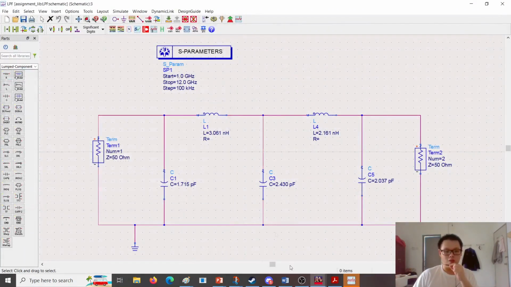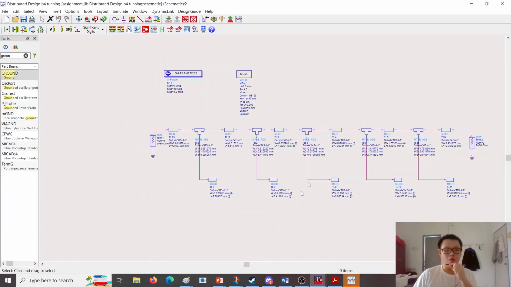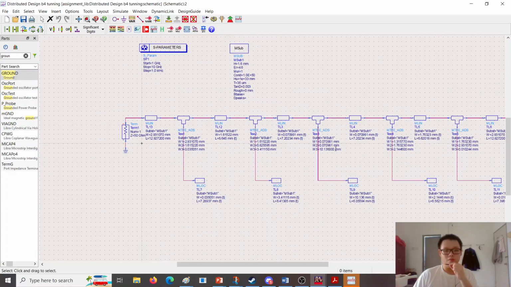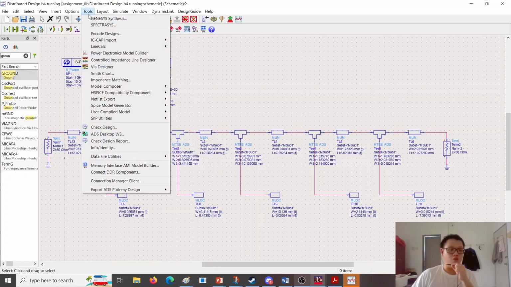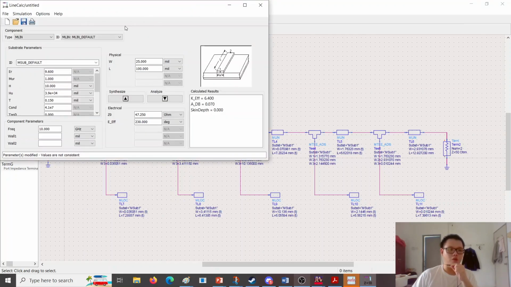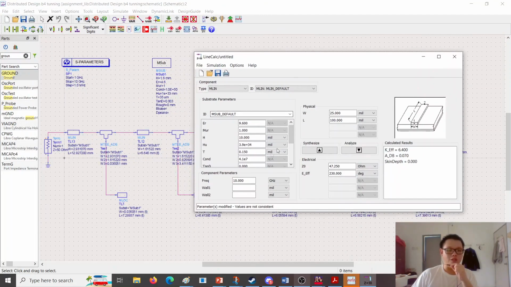Let's go to the next one, which is the distributed design. From the calculation given by Chang Chun Han, we can use the calculation here to find the W and also L. After we substitute the MSUB, the material substrate, here and fill in the frequency that we want, which is 3.1 gigahertz, and here we change to millimeter.